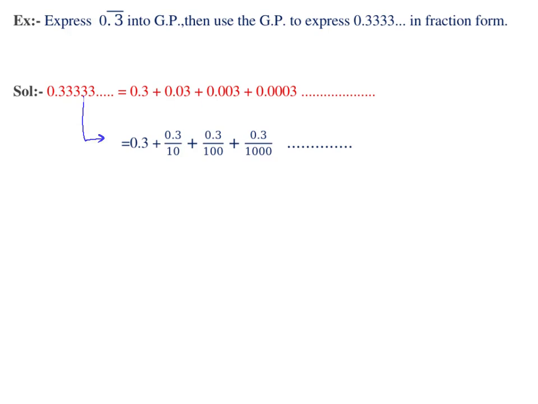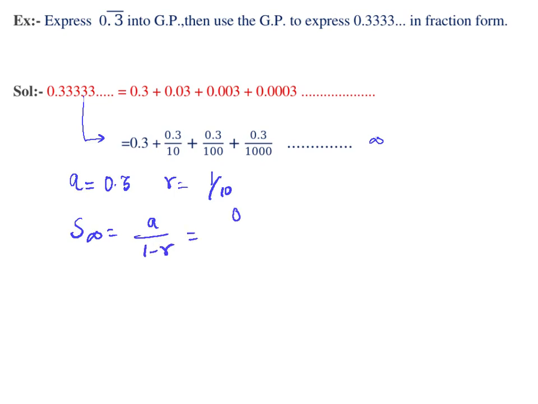Now what you have to do is apply the formula, because this is going infinite. Before applying the formula, let us identify the first term a, that is 0.3, and r is 1 by 10. Now applying the formula, S infinity equals a upon 1 minus r.